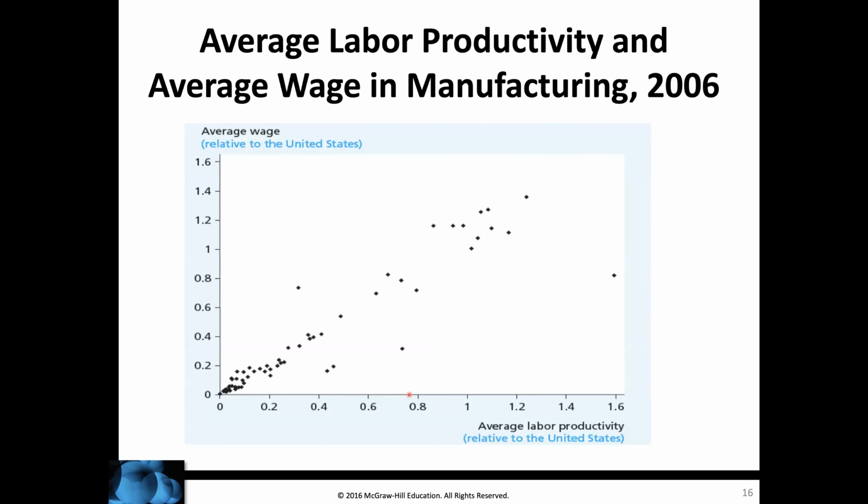And this scatter plot shows us the average wage relative to the United States versus the average labor productivity in manufacturing in 2006. You can see that the more productive, with productivity along the bottom, the higher the wage. So there is a relationship between productivity and wage.